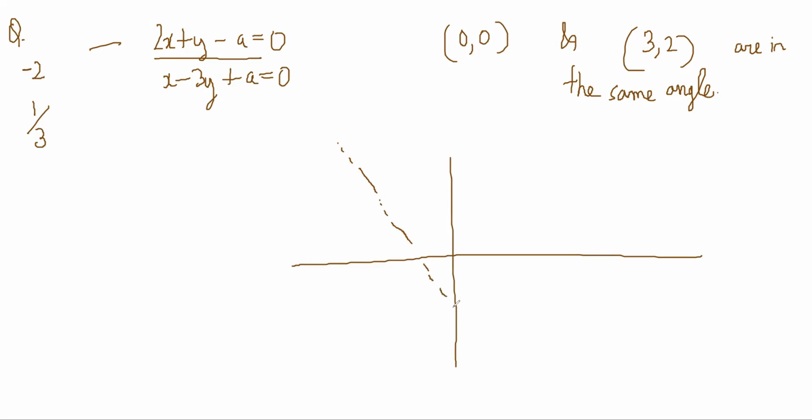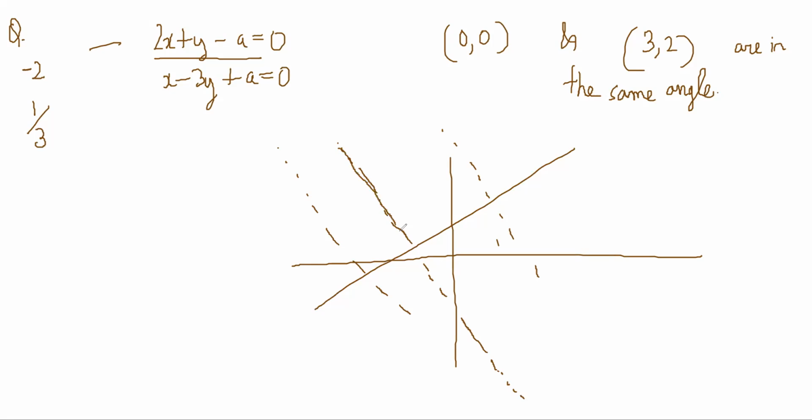It could be anywhere because it's a variable a. It could be parallel to this, something here also. And the other line is upward facing, so it will be somewhere like this.